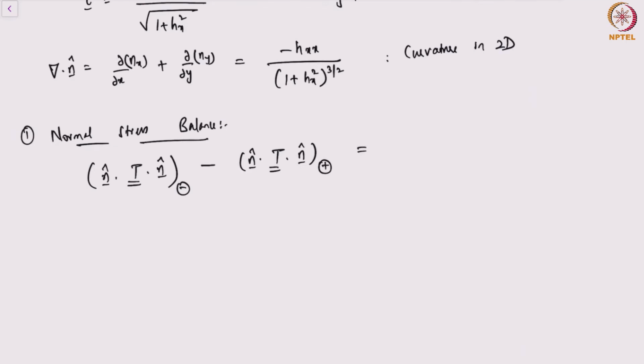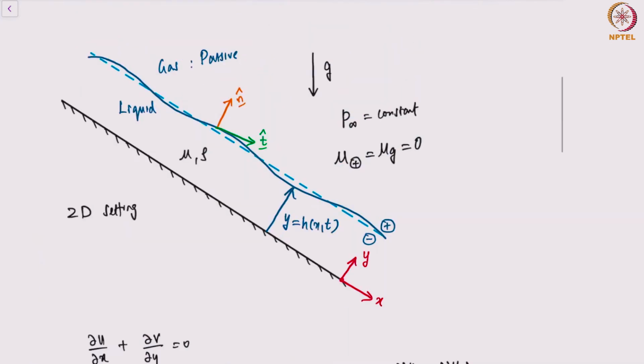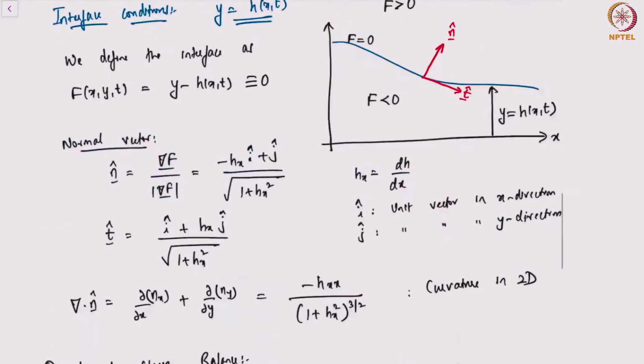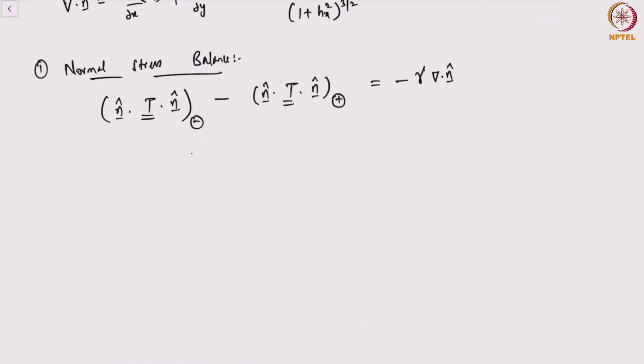n dot T dot n plus, where plus and minus refers to either side of the interface. This is equal to minus gamma times del dot n. Note that I have taken the interface, if you look at the original sketch, I have taken the normal vector to go from minus to plus. Okay, so minus is the liquid and plus is the gas above, right? So let's also define what this T is.